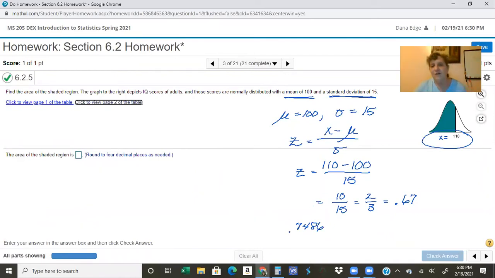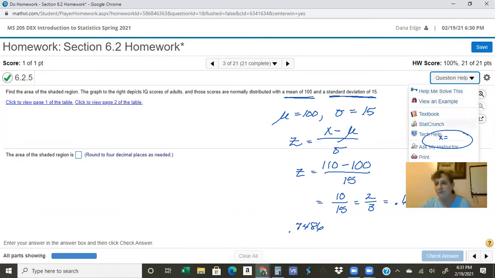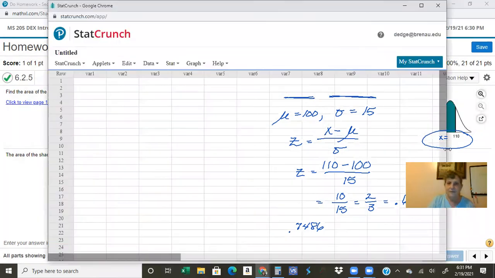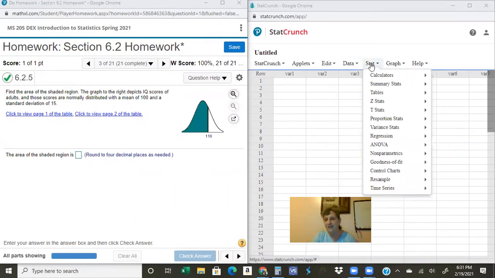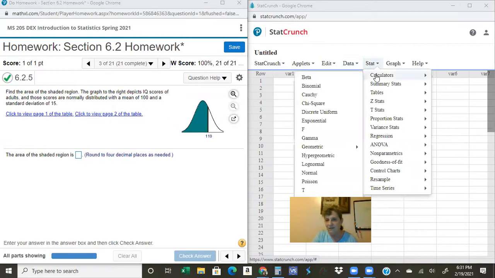Instead of that, we're going to use a technology in StatCrunch which does not make us do any converting to a z-score. So I want to go to the question help, pull up StatCrunch. Remember the 0.7486. I'm going to clear that out so it won't be all over the StatCrunch. Go to Stat, Calculator, Normal.